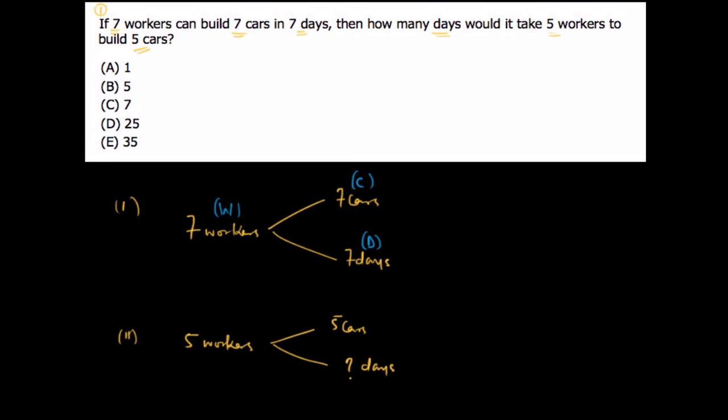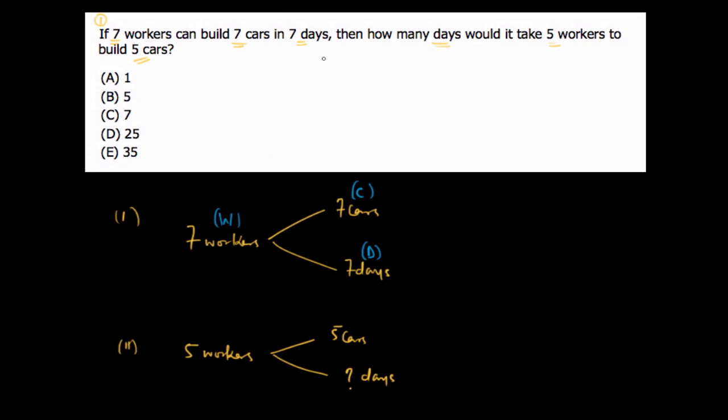To do this, I need to let you know that this kind of question is an example of a joint variation question. So how do you go about solving problems of this nature?